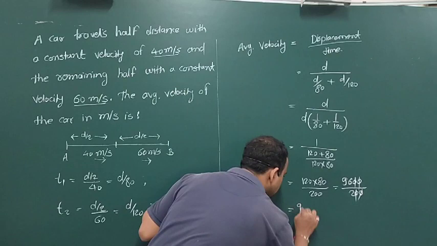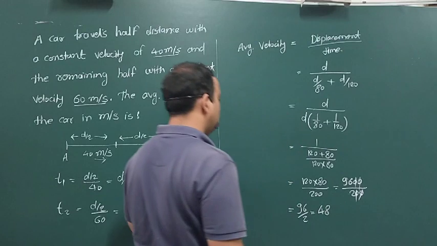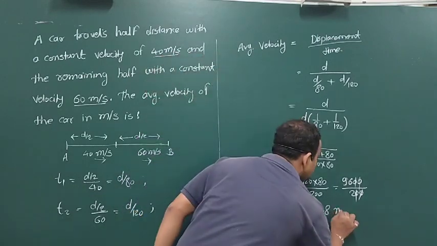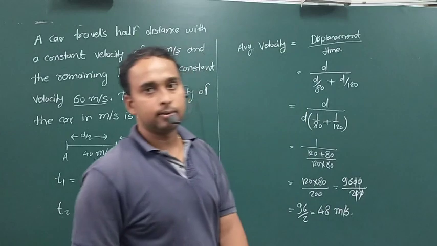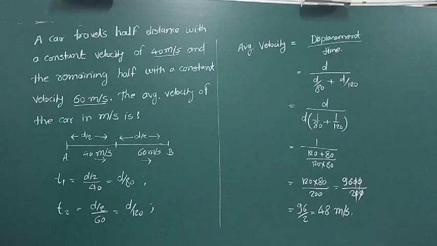So 96 divided by 2, which is equal to 48 meter per second. Okay, understood this? So according to the formula of average velocity, we calculated the average velocity of that car. So the average velocity of that car is 48 meter per second.